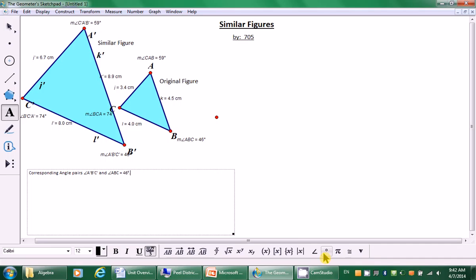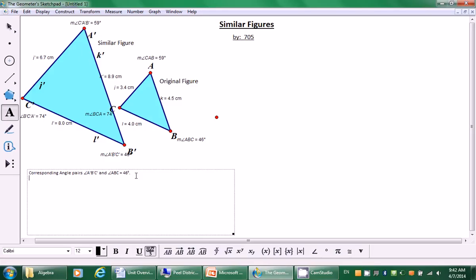Okay, in your diagram, it's going to be totally different. So what angles did I just talk about? This angle, angle ABC, and this angle, angle A prime, B prime, C prime. Okay, they are called corresponding angle pairs. They are the same angle in each triangle, and they have the same measurement. Okay? All right, I'm going to hit enter.